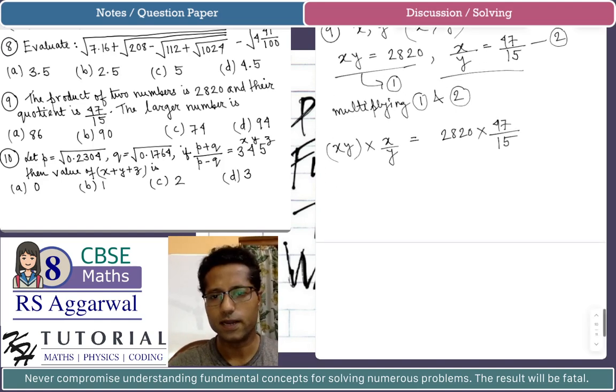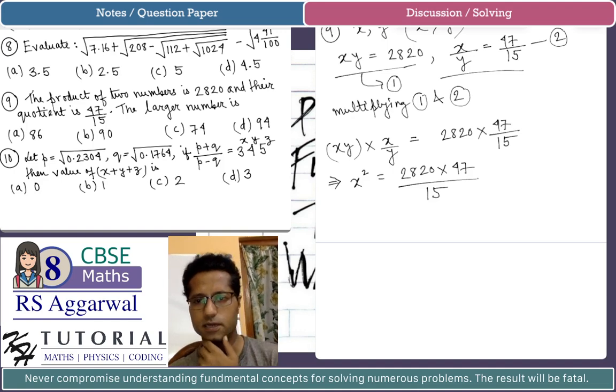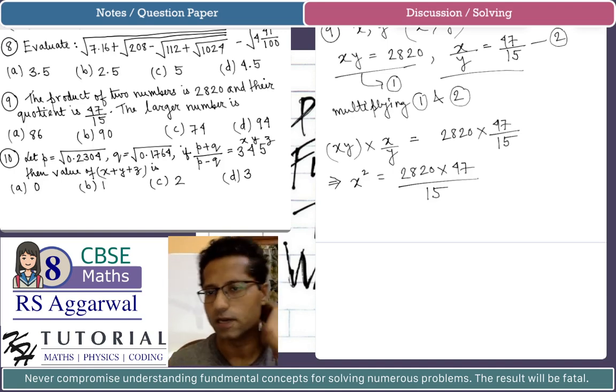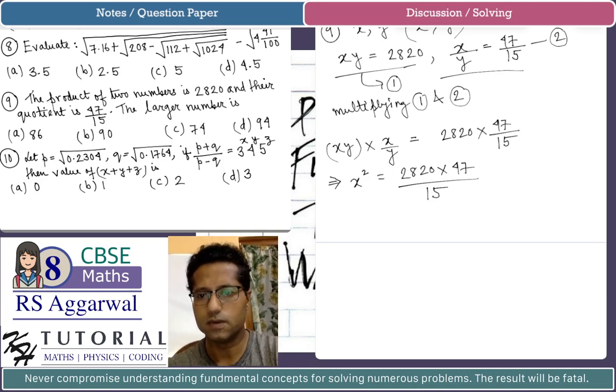On the left hand side y gets cancelled and we get x square is equal to 2820 multiplied by 47 by 15. We have to do some cancellation. Eventually we have to find x, that is, we have to find the square root of the right hand side. Now 47 is not a perfect square, so we have to do cancellation and see what simplified value it comes to.